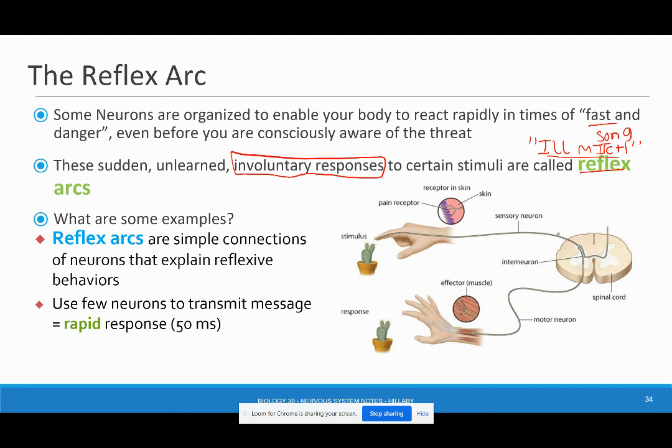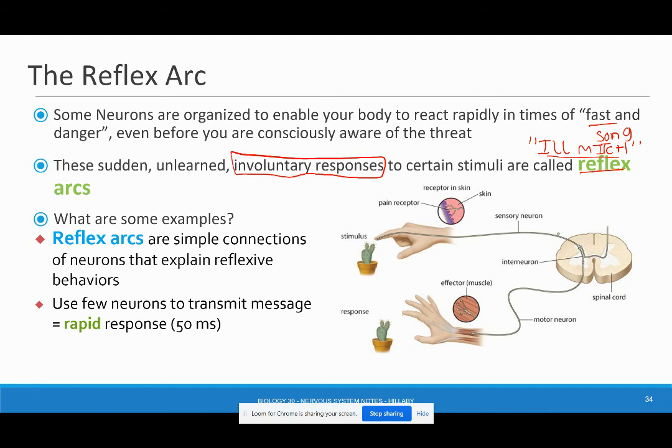Whether you're going to duck or you're going to get your hand out there and try to catch it. Those aren't the reflexes I'm talking about. These are involuntary responses, and typically these reflex arcs are there to prevent damage. It allows for rapid responses to prevent damage.